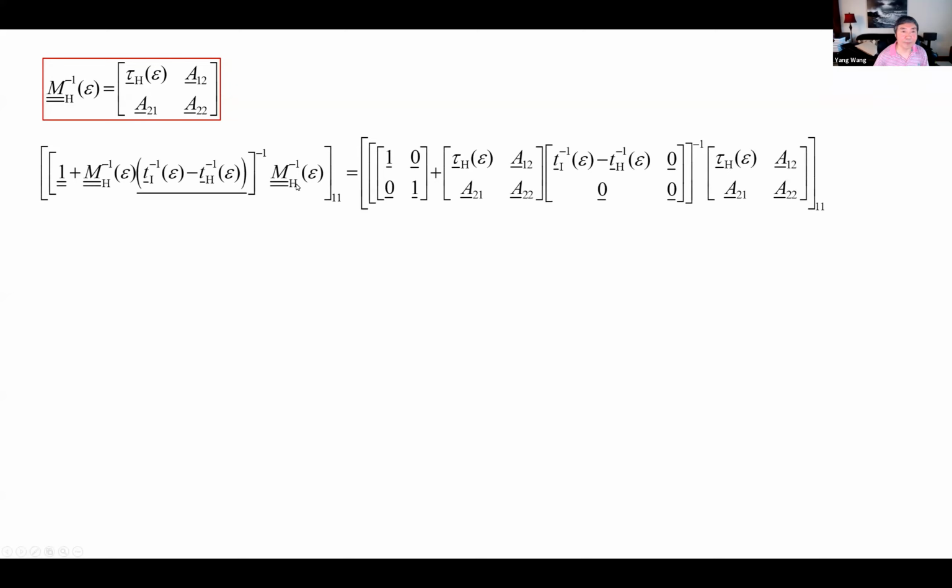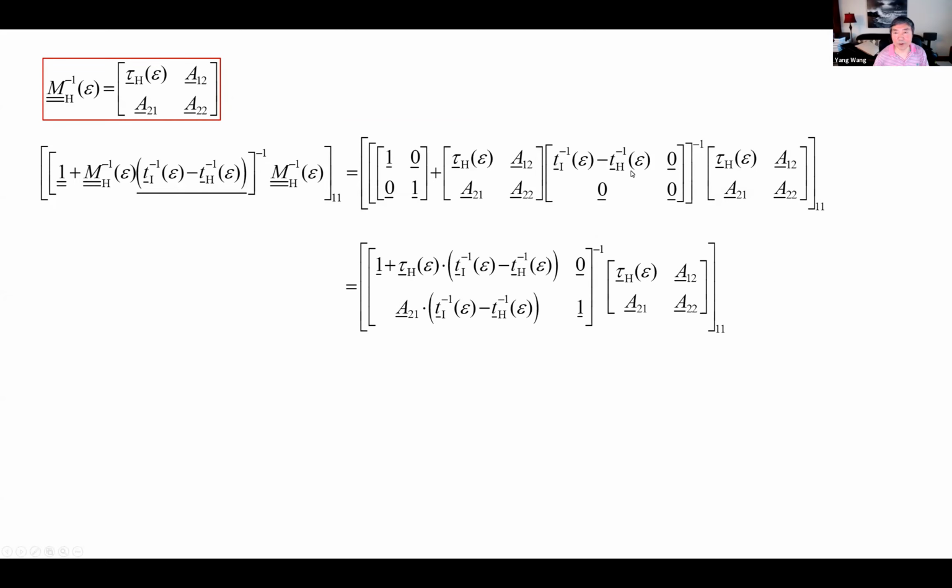Given that, let's take a look at what this really is. That's the expression I got from the previous slide, and I'm going to write it in this block form. I take this expression and put it here, and remember this guy has the upper left corner as Ti inverse minus T host inverse, and everything else is 0. And this one I just copy down from here. My goal is to take the 1-1 block to calculate the tau matrix for the impurity site.